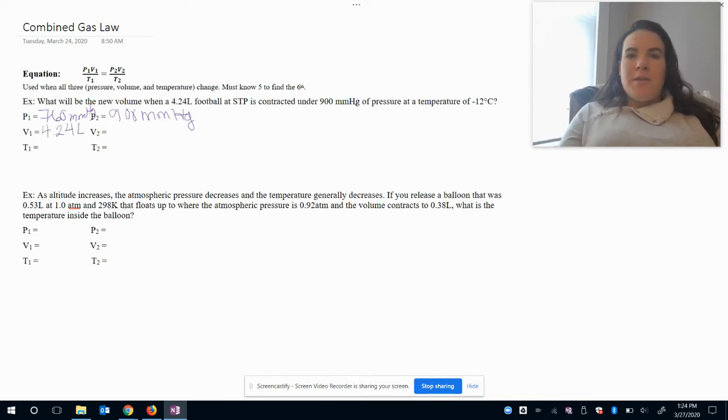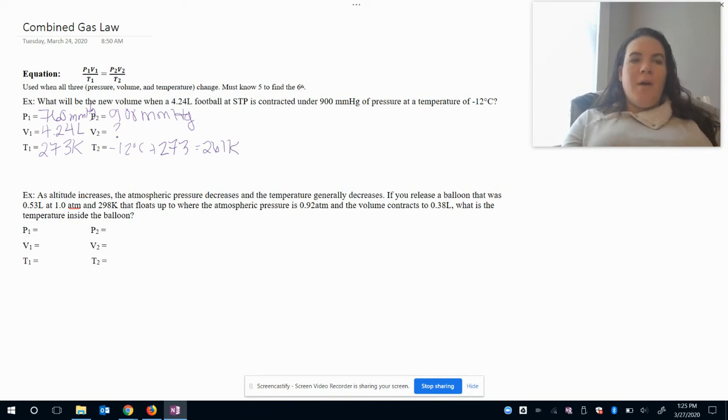We don't see liters or milliliters for the second set of conditions, so that's the one we're trying to find. We don't know V2. Temperature one is at STP, which would be 273 Kelvin. And then temperature 2 is negative 12 degrees. And remember, when we have Celsius, we have to add 273, so that would be 261 Kelvin.